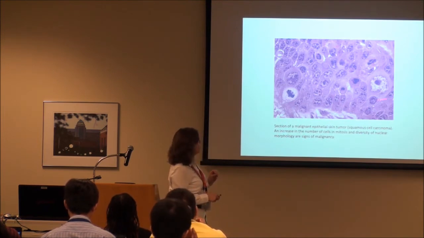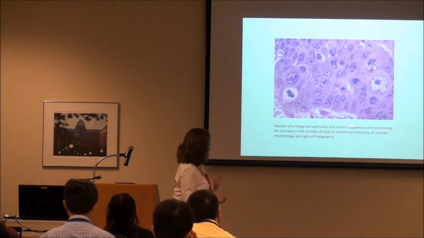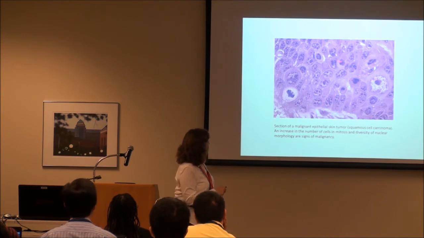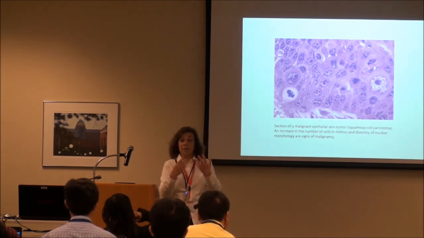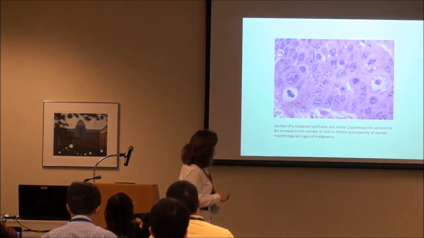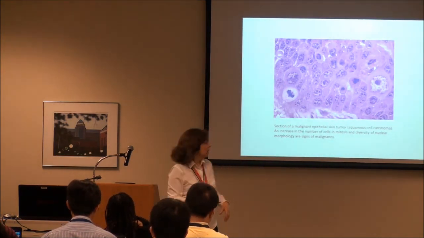So how can you recognize them? If you take a histology slide, you can easily recognize the tumors, the cancer cells, because there are a lot of cells in cell division, in mitosis. So you can often recognize structures like the mitotic spindle within the cell.